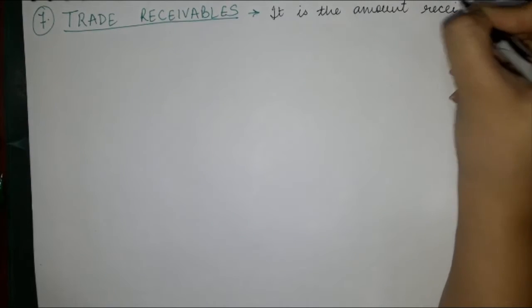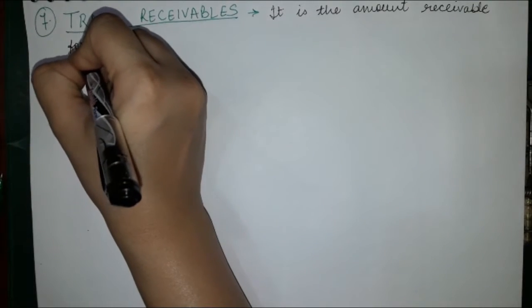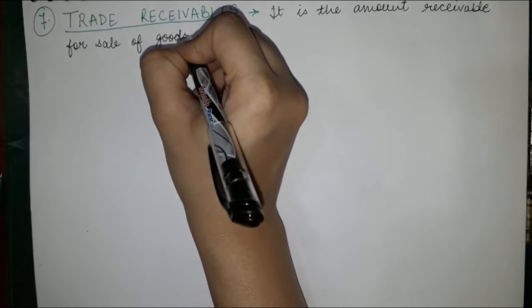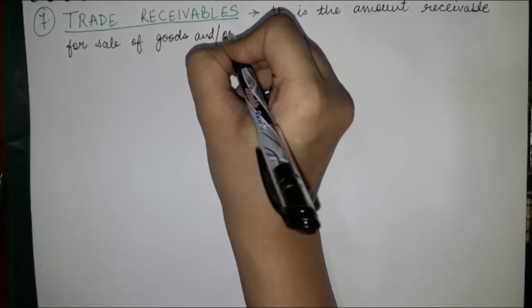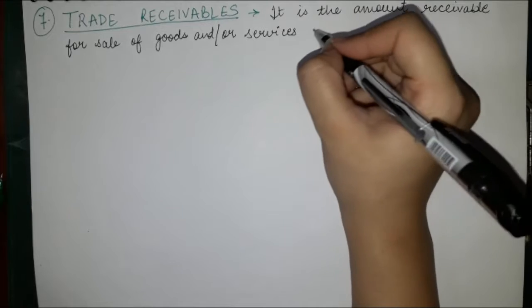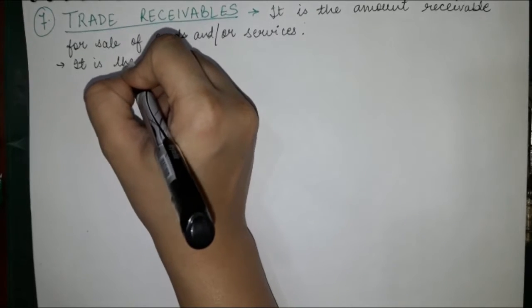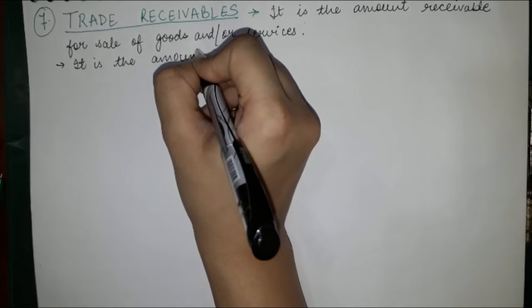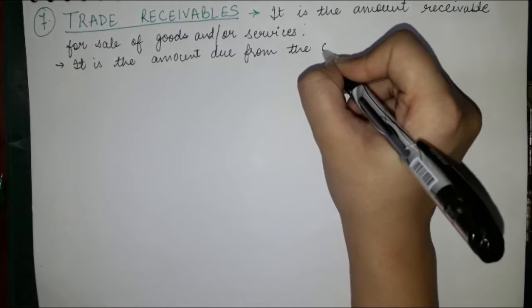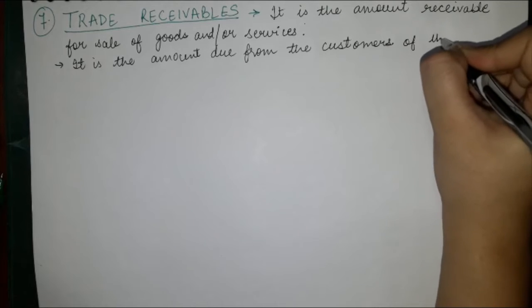It is the amount receivable for sale of goods and or services, या फिर आप बोल सकते हो it is the amount due from the customers of the enterprise.